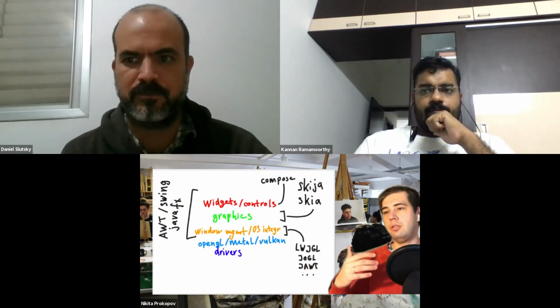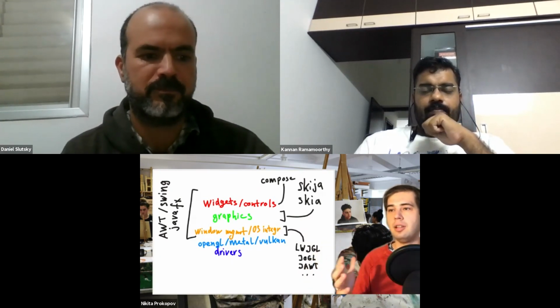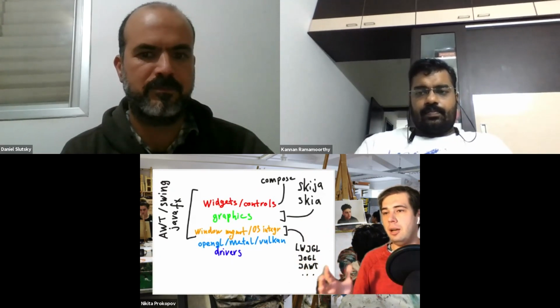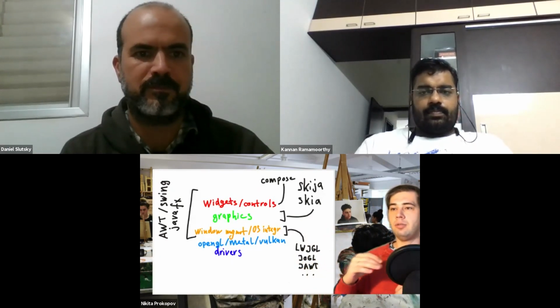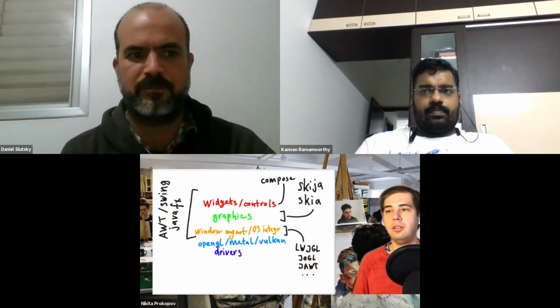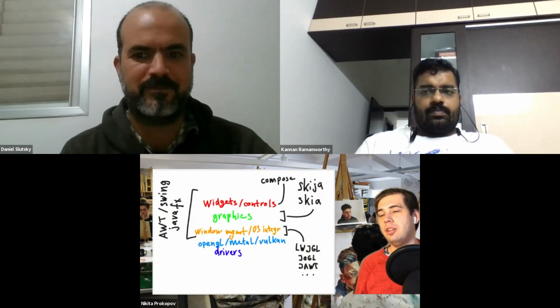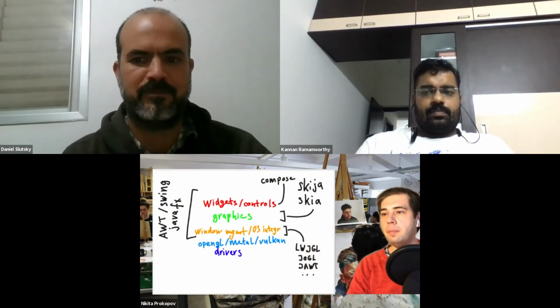In the case of Skija, this is decoupled into different layers, with single responsibility for each library. So you can swap in and swap out different parts as you like. Basically how we like things in Clojure, right? Decoupled, not bundled together. Libraries, not frameworks. So that approach works for Skija as well.